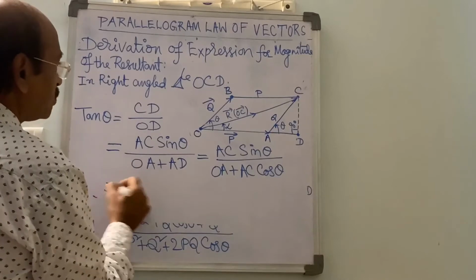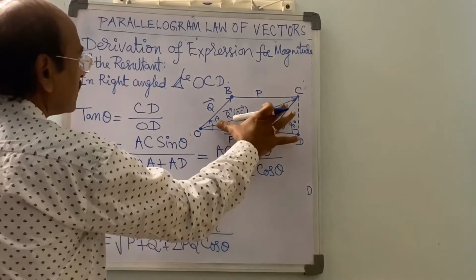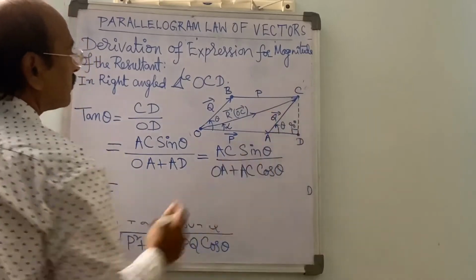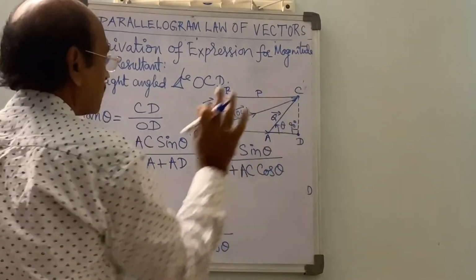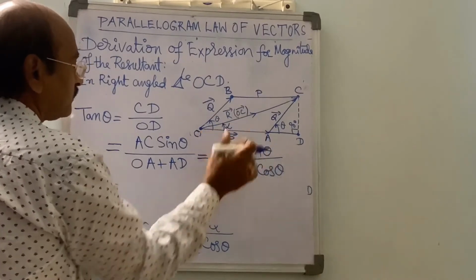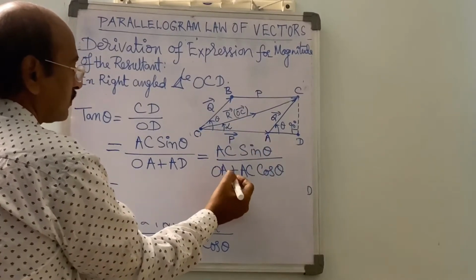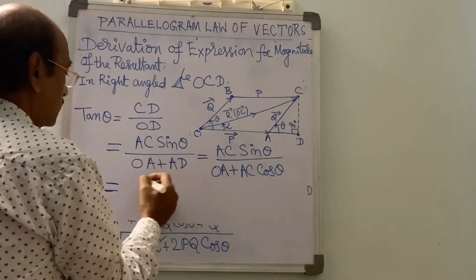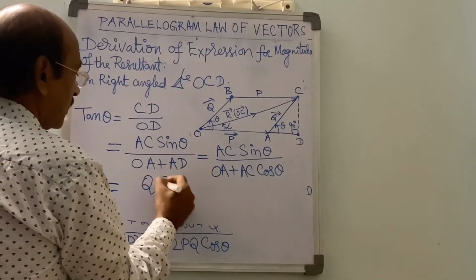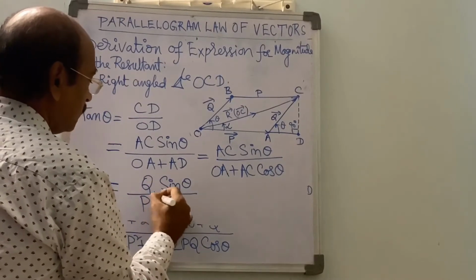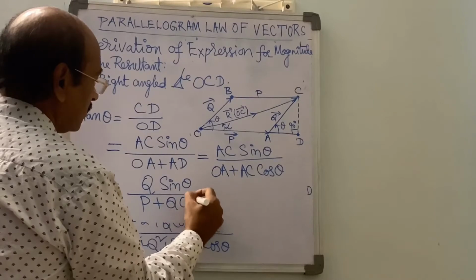So by substituting here, AC means q, magnitude is modulus of q bar, and OA means p bar, modulus of p bar, and AC is q bar. Therefore, substituting their magnitudes, q sin theta by p plus q cos theta.